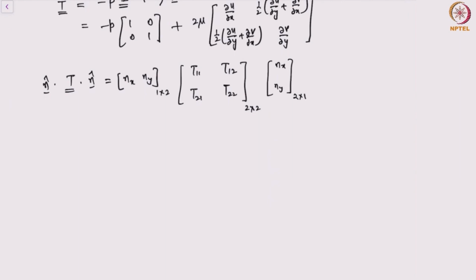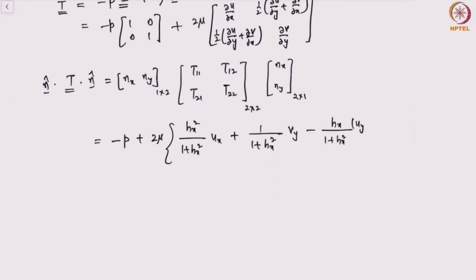And what do I have here? If I substitute this, I get minus p plus 2 mu times hx square by 1 plus hx square ux plus 1 by (1 plus hx square) vy minus hx by 1 plus hx square into uy plus vx. So I'm using shorthand notation.